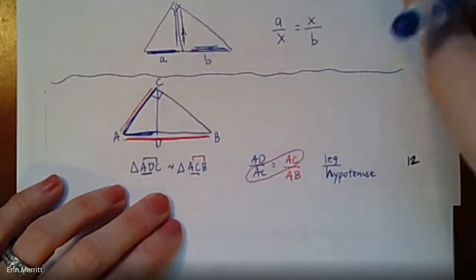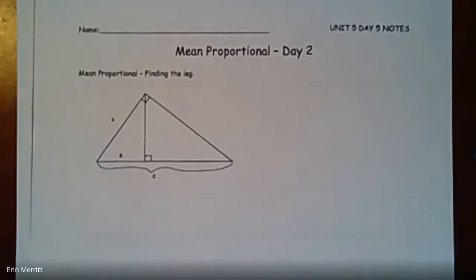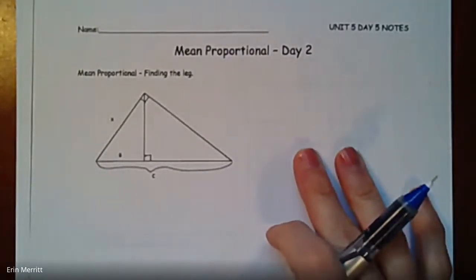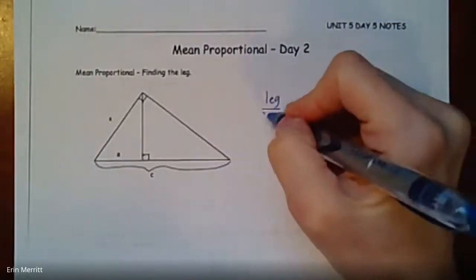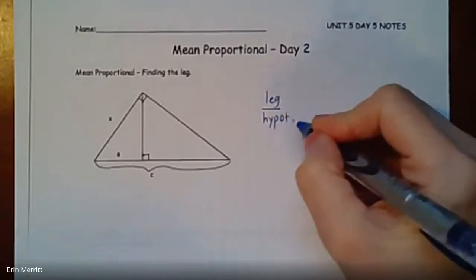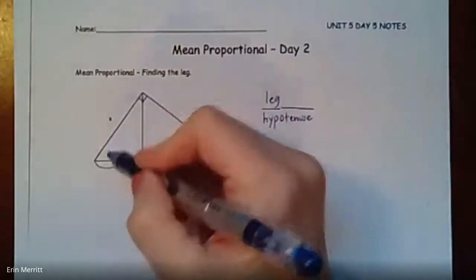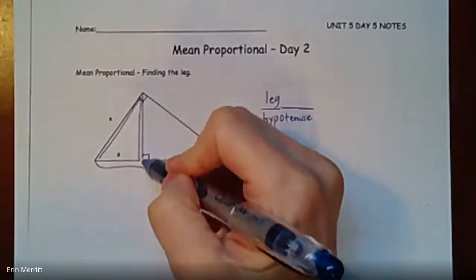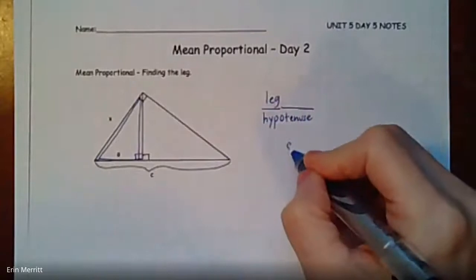Now when I flip back over to page 15, you can see that those are the parts that are marked. The rule is leg to hypotenuse. In the small triangle, the leg is the A part of it.